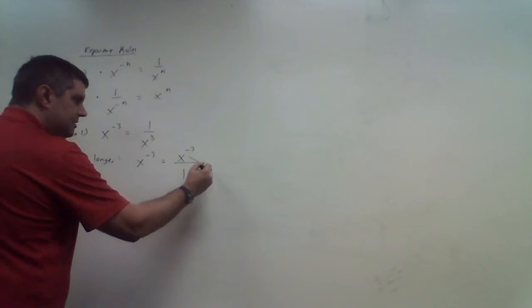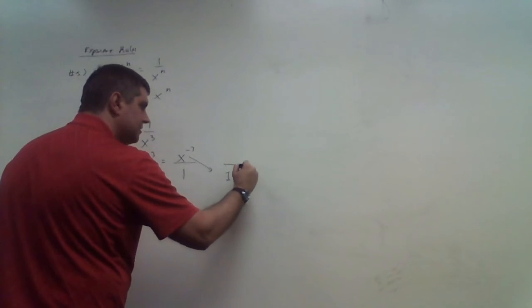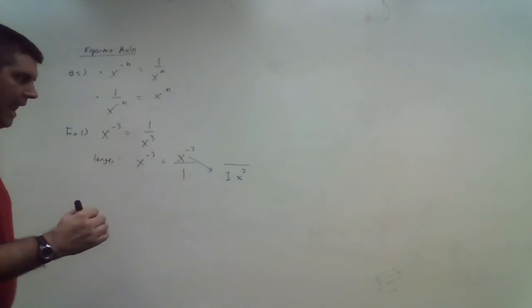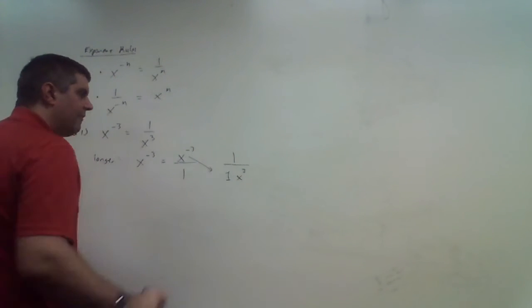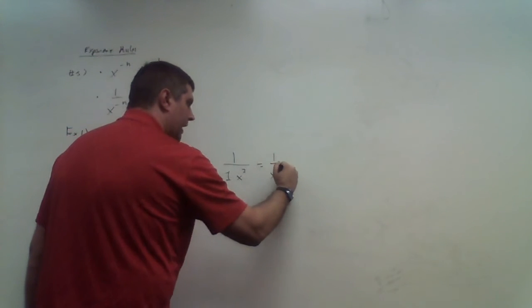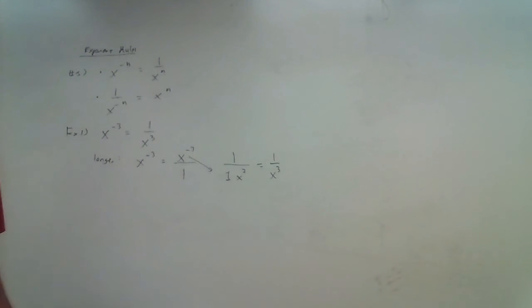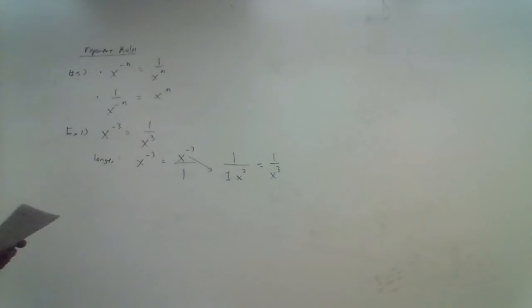I would move this to the other side of the fraction bar, and I would have 1 over x to the positive third. And if I vacate the top of a fraction like this, I have to leave a 1. So this is going to be 1 over x cubed. Of course, if you can recognize how the rule works, you don't have to do all that work.